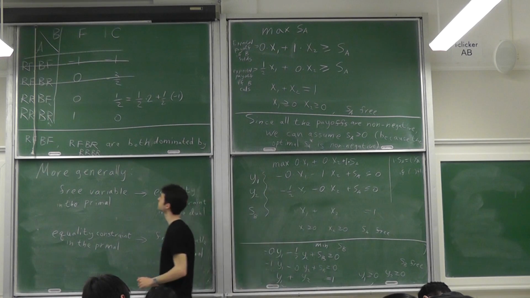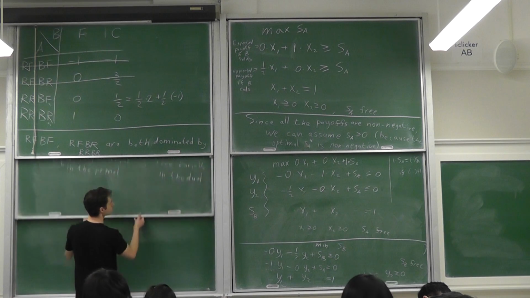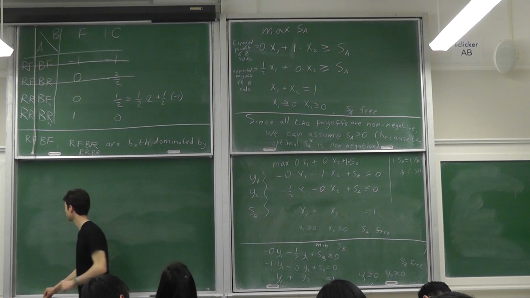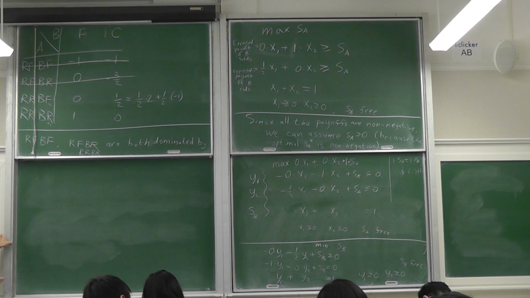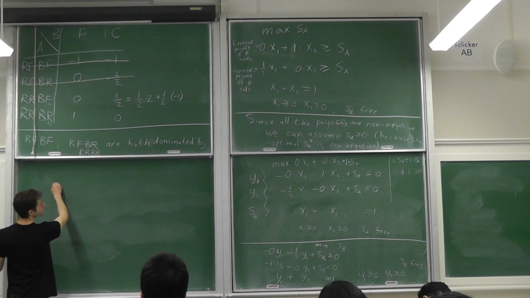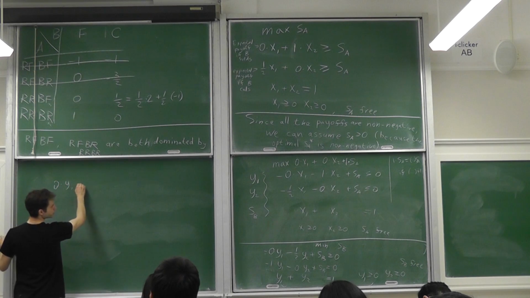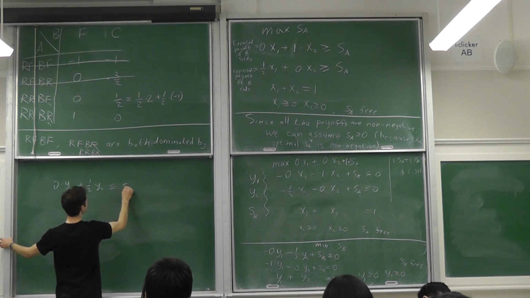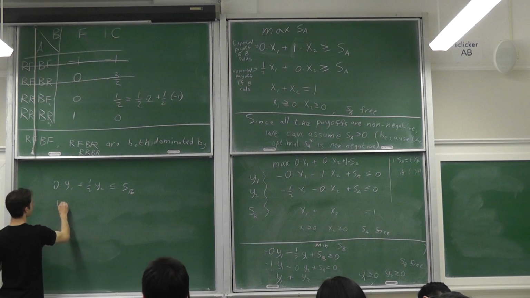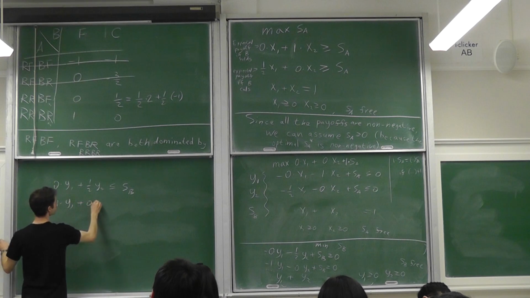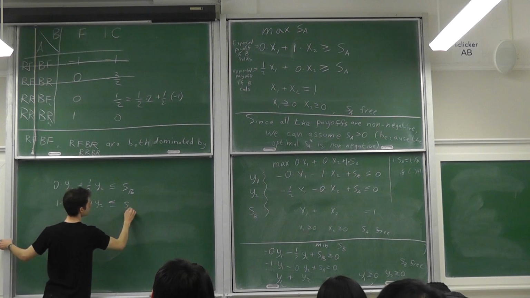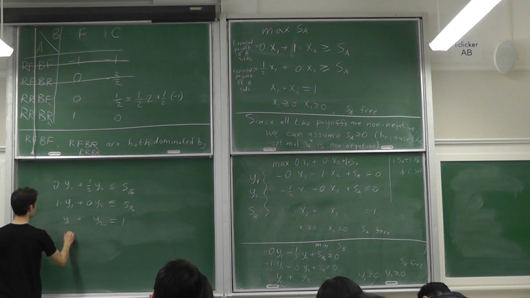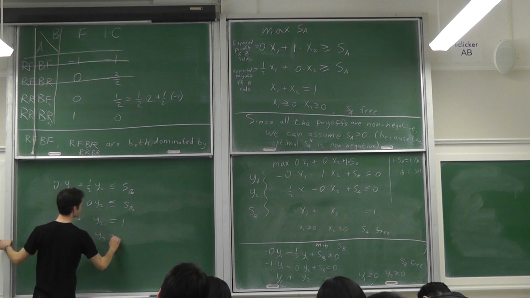Let's rewrite this in slightly different form: 0 times y1 plus 1/2 times y2 is smaller or equal than s3. 1 times y1 plus 0 times y2 is smaller or equal than s3. y1 plus y2 is equal to 1. y1 positive, y2 positive.